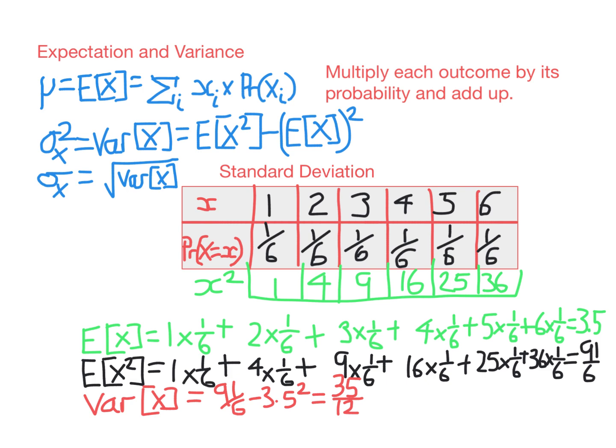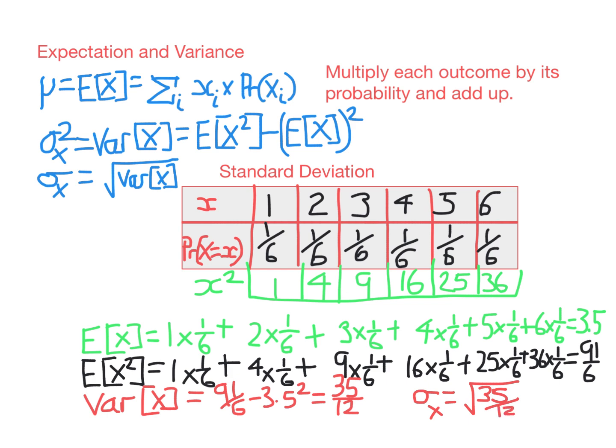So that's the variance. Now this here says the standard deviation of X. The standard deviation is just the square root of the variance. So the standard deviation here is just going to be the square root of what we just found for the variance. Square root of 35 over 12.